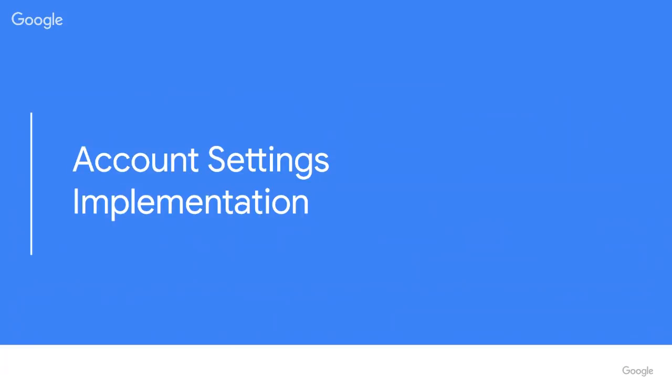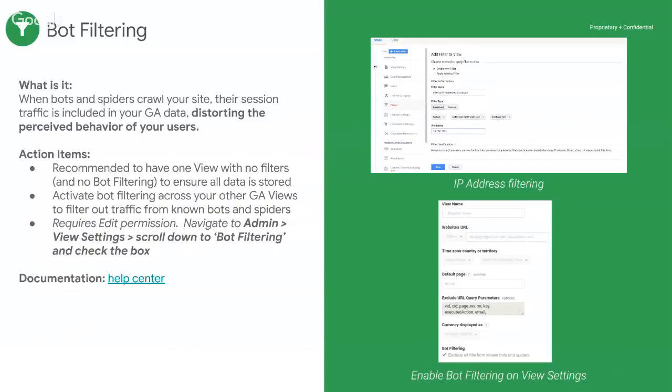So, account settings implementation. Ever wonder how much of your traffic was actual human visitors and how much was really web data extraction, bots, or other web spiders? One of the first things we recommend as a tip for you to be seeing all this correct data is by setting a checkbox in a filter that filters out bots.